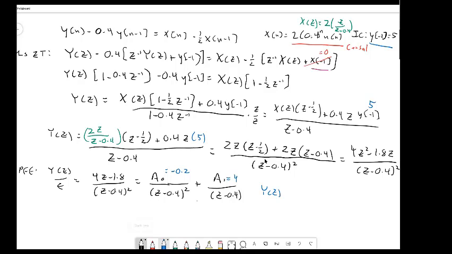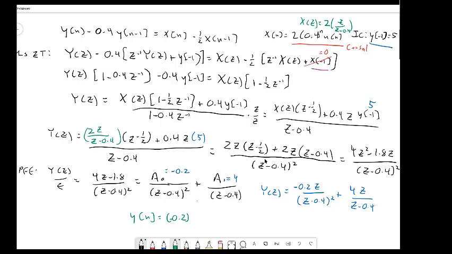So then our y of z, the thing we're going to inverse transform, is minus 0.2 times z over z minus 0.4 quantity squared, plus 4z over z minus 0.4. And looking that up, our y of n, the inverse transform of that, just to show you all the terms, we'll get a minus 0.2.